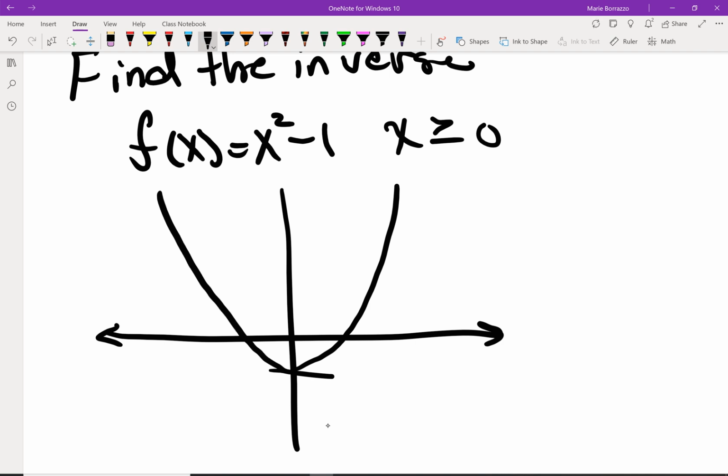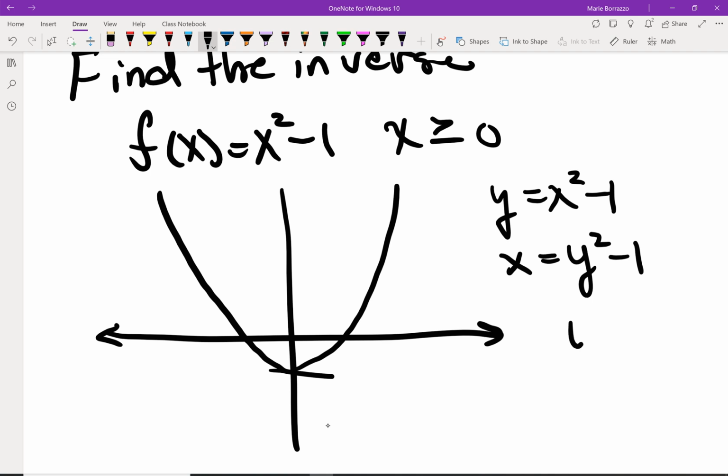If I'm looking for this inverse, so if I go ahead and I say, okay, well, y is equal to x squared minus 1. I swap x and y, so x is equal to y squared minus 1. I end up with, in this case, y squared is equal to x plus 1.